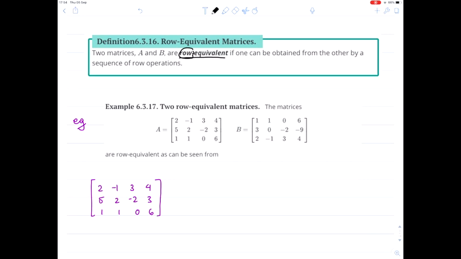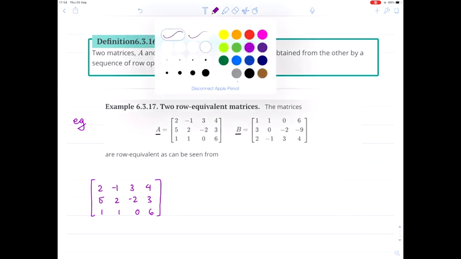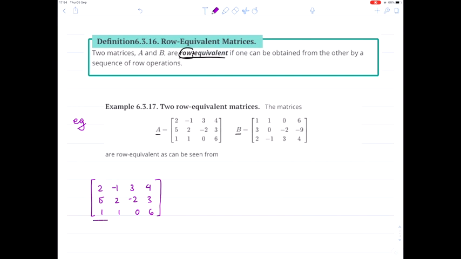So for example, we claim that this matrix A is row equivalent to B. Well, let's think about how we could have got from A, which is over here, with row operations to B. Well, you'll notice that the first thing that we did was we swapped row 1 and row 3.